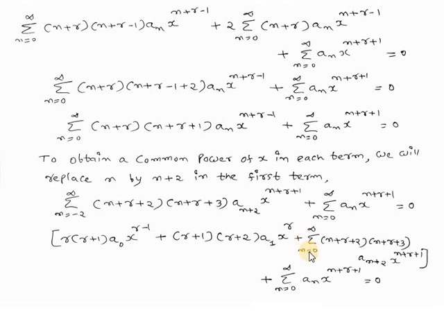Now the series will start from n equal to 0. So here it will be sigma n equal to 0 to infinite (n plus r plus 2)(n plus r plus 3) a_(n plus 2) x raised to n plus r plus 1. So we can say that this term can be expressed as this, plus sigma n equal to 0 to infinite a_n x raised to n plus r plus 1 is equal to 0.